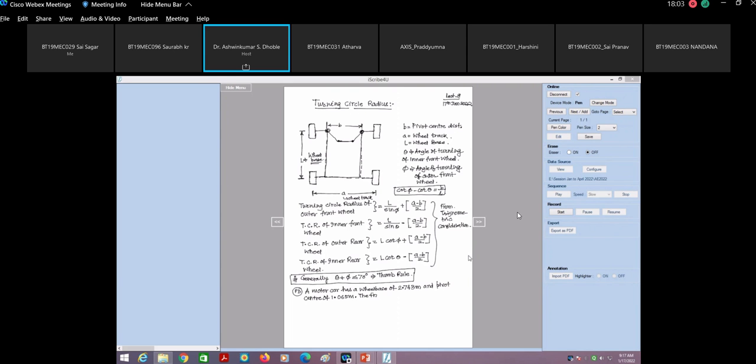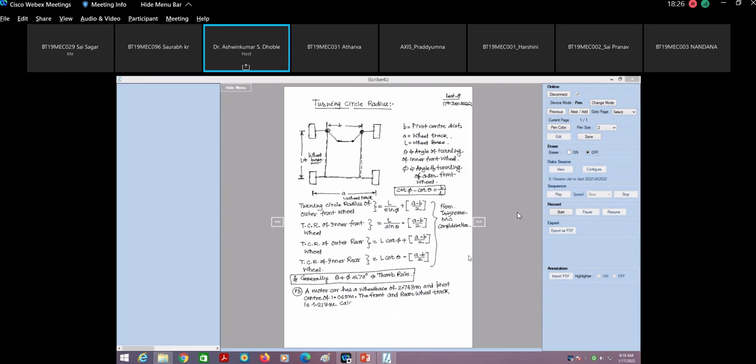The front and rear wheel track is 1.217 meters.